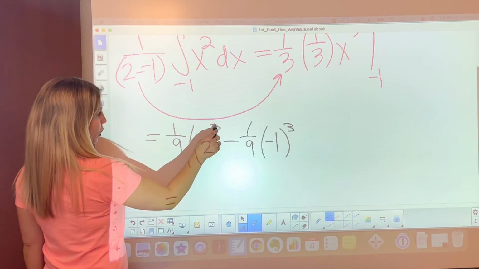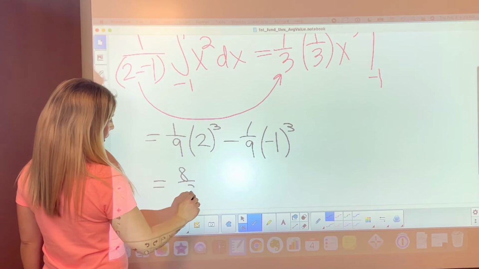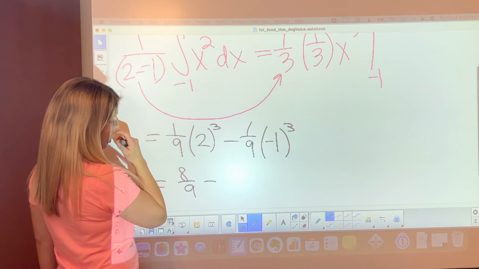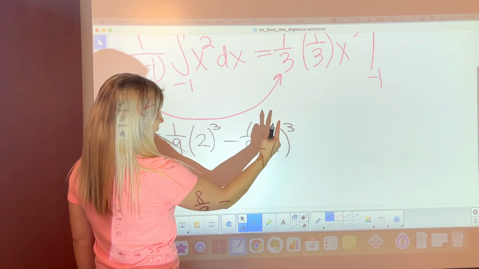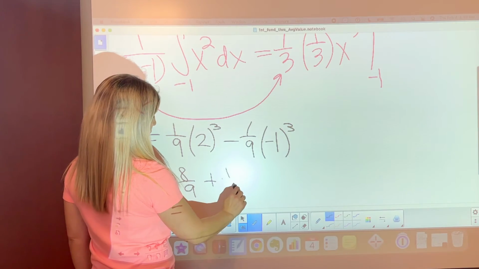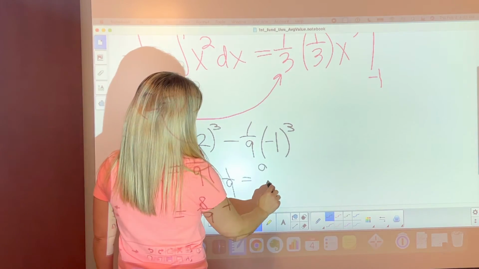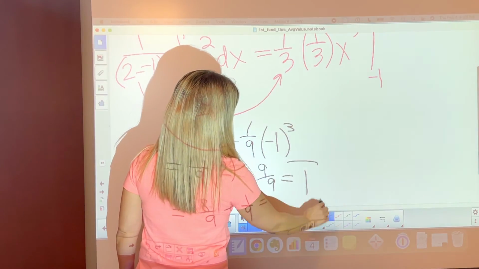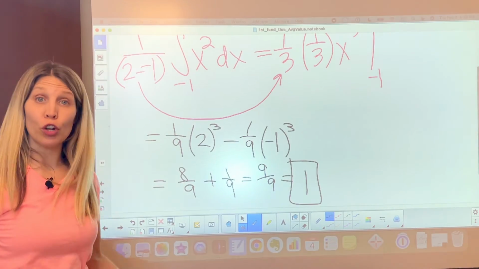All right, 2 cubed is 8, so we have 8/9 minus, now, -1 cubed is a -1. Negative times a negative is a positive. That's still going to be 1/9. Oh, check that out. 9/9. A whole big fat 1 for your average.